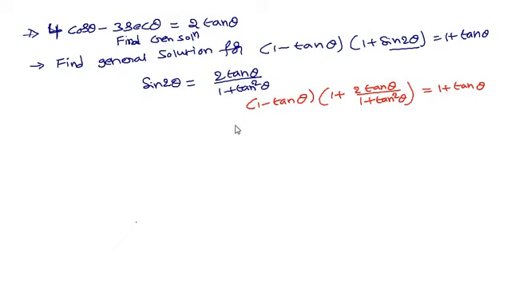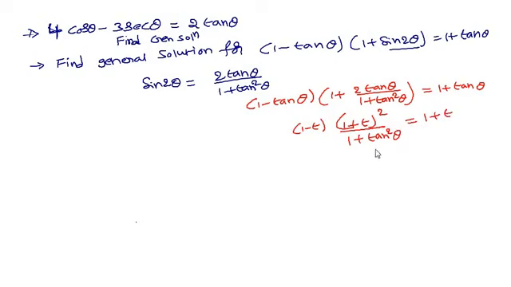Now you can see that here you can take LCM, so that it becomes 1 plus tan theta whole square. Tan theta I am taking as t, that you need to observe. Here the denominator will be 1 plus tan square theta, into 1 minus tan theta equals to 1 plus tan theta.